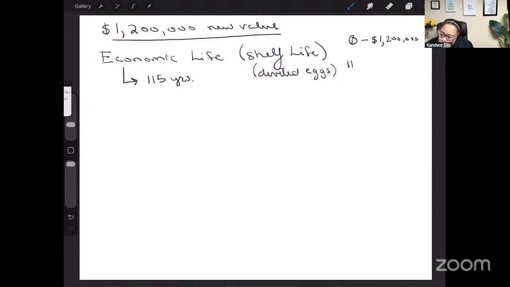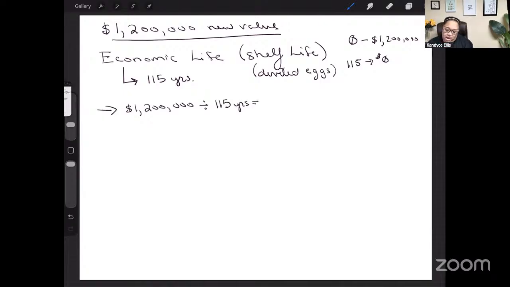And in year 115, it's worth $0. How much money are we losing every single year? So what I'm going to do is I'm going to take our 1,200,000 and I'm going to divide it by 115 years. And that tells me my loss per year.